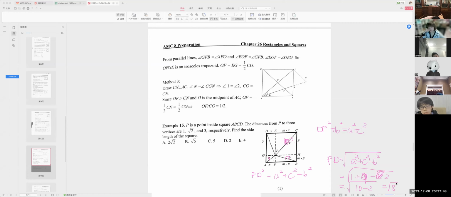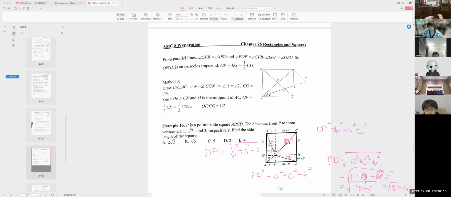So PD, we know it is 1 squared plus 3 squared minus 2, so equals square root 8, which is 2 square root 2. Correct, everybody? Okay, so find the side length of each of them.